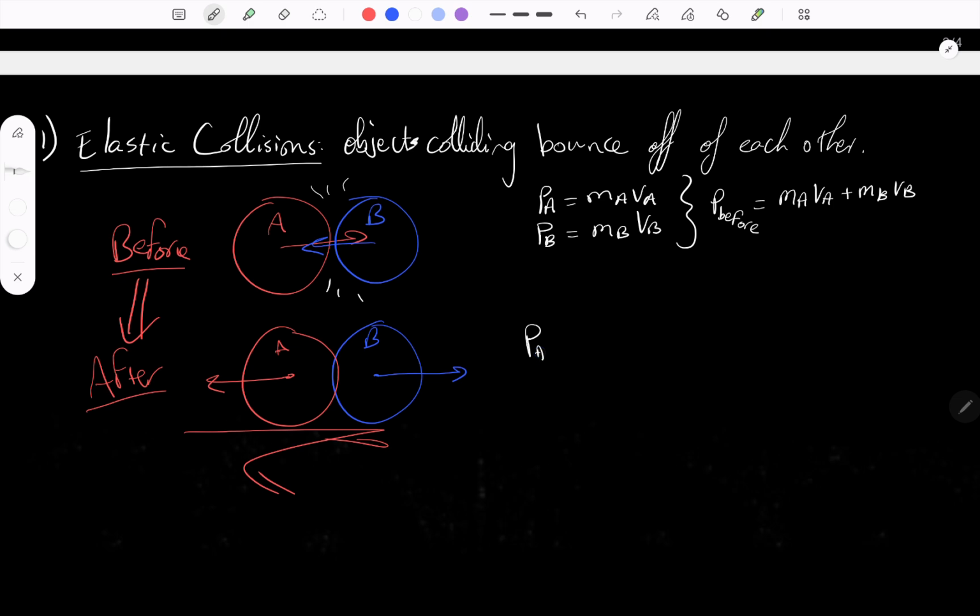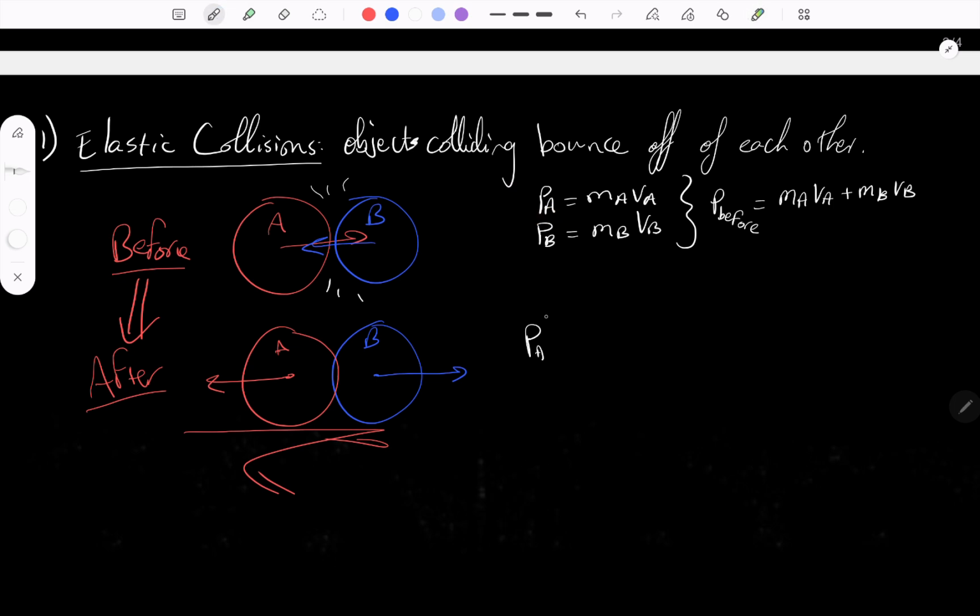The momentum after. Because I want to separate the symbol for the momentum before from the symbol for the momentum after, I don't want to just call the momentum PA when it's after the collision. I want to make sure that these two symbols look different.